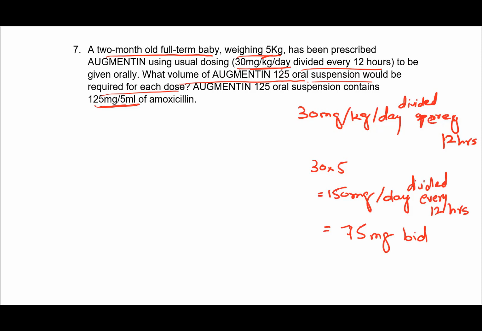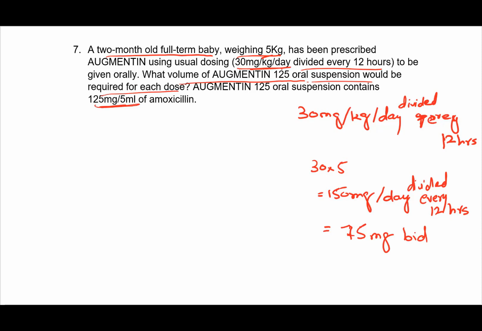When you are given a dose which says 150 milligrams divided every 12 hours, you have to halve that dose if you're trying to find out a single dose. So I have calculated 150 milligrams total daily dose, and it has to be divided every 12 hours. That means each single dose will be 75 milligrams, and I will give 75 milligrams twice a day.